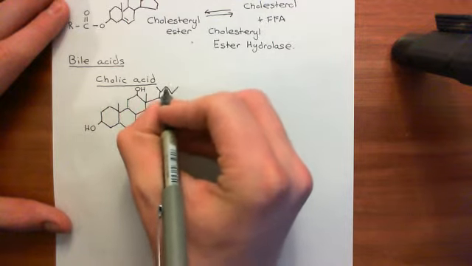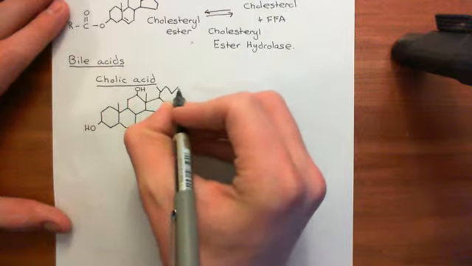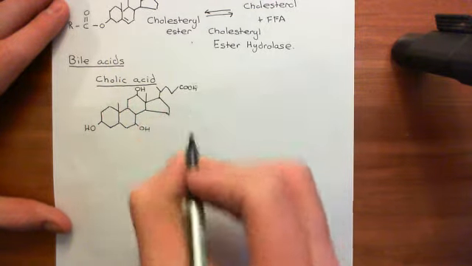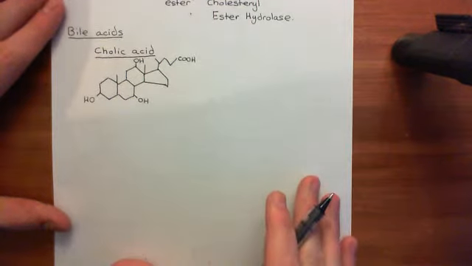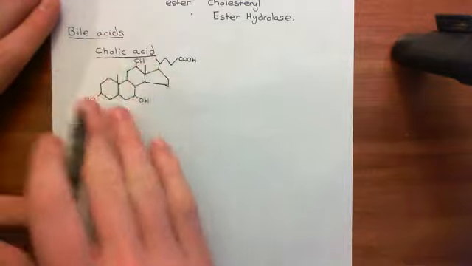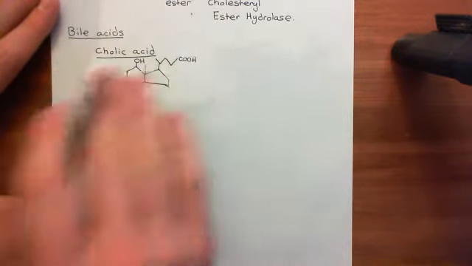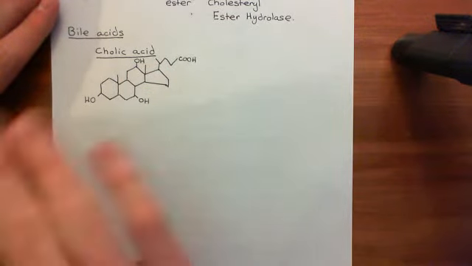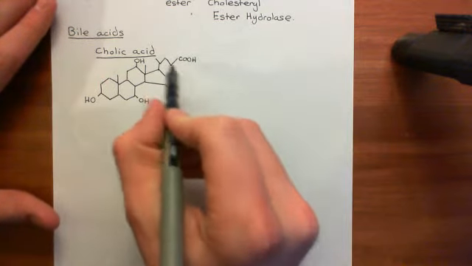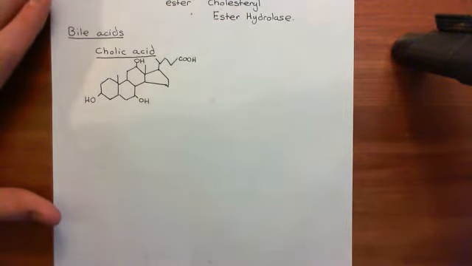So 1, 2, 3, 4, 5, and then this 5th carbon is going to be the carboxylic acid group here. So that is the structure of cholic acid. Now, cholic acid itself isn't usually secreted as a bile acid, but conjugates of it are. So what you do is you add things onto this carboxylic acid group to turn them into bile acids.